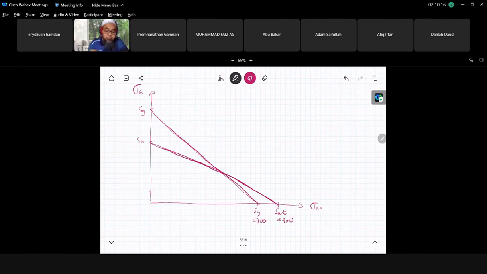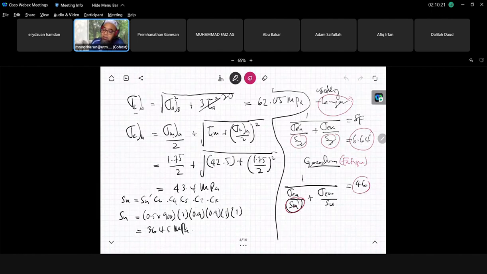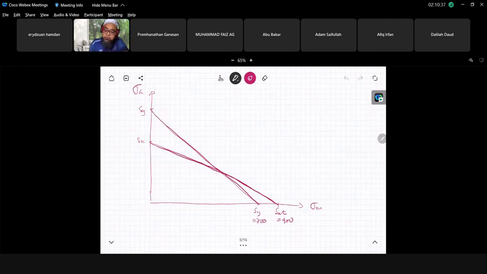And alternating is 62 and the mean is 43.3. So alternating is 62, somewhere here, let's say 62.